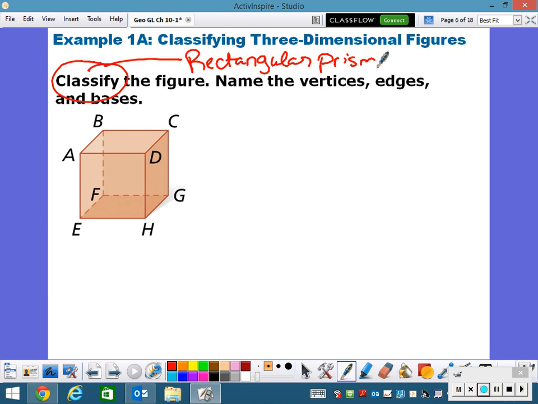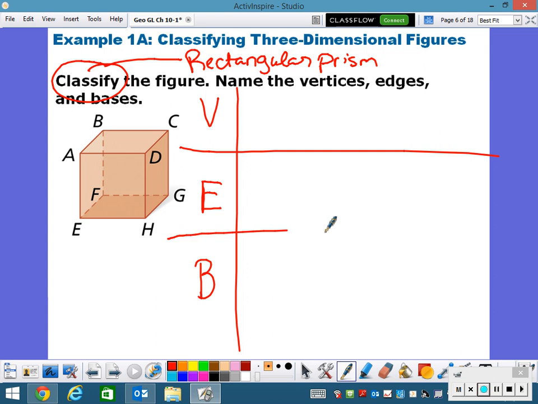Okay? And now we're going to name the vertices, the edges, and the bases. Vertices are just points, so they're just named with one letter. So for example, this vertex is A, and that's all it is.